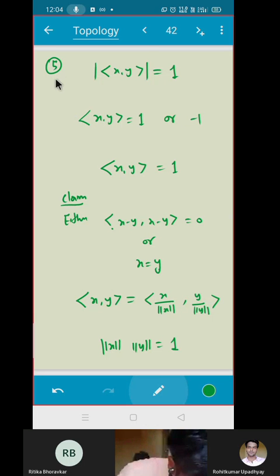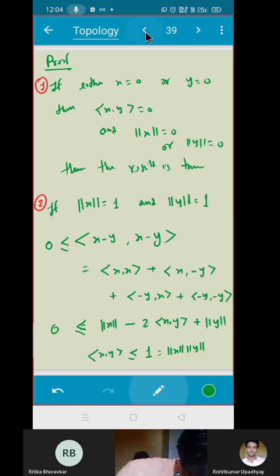Let us hold on the fifth case. Let us revise all the cases first, all the 4 cases. What is the first case? If any one of them is 0, if x is 0 or y is 0, then the result is true. The second case, if norm x is 1 and norm y is 1, I'm taking both as unit vectors. How did I prove? 0 is always less than or equal to the inner product of x minus y with x minus y, by the property of an inner product space, correct?